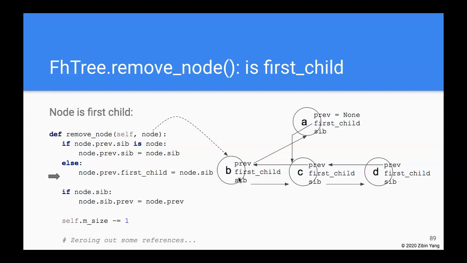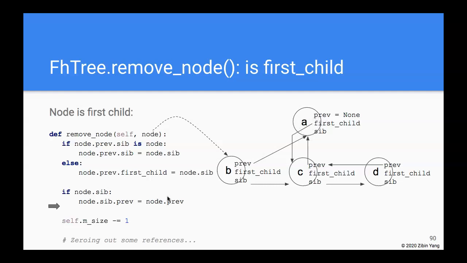But we're trying to remove node B, so it should now be pointing to the sibling of node B, which is C. Now we have to adjust the backward pointer in C. As we said before, its previous pointer used to point to the node that is currently being removed, and now it should point to the previous node of the node that is being removed, which in this case is A.